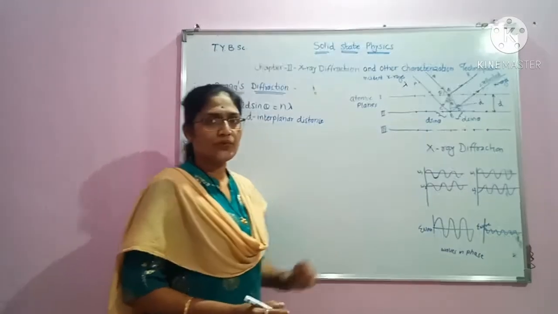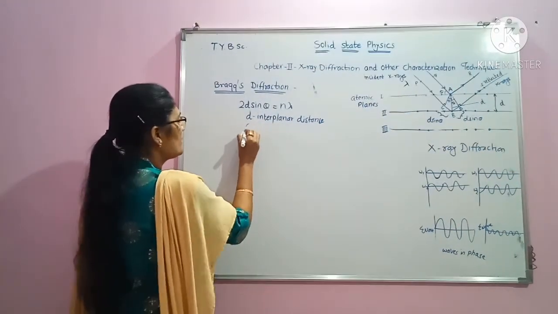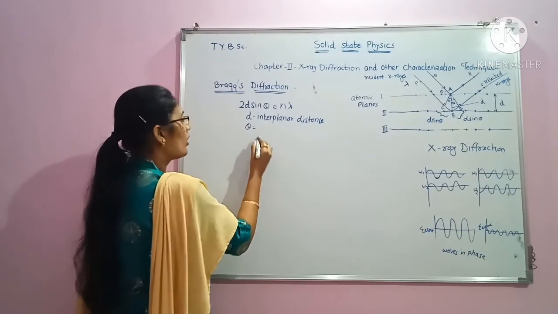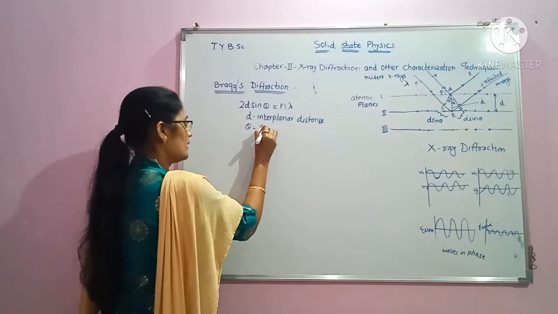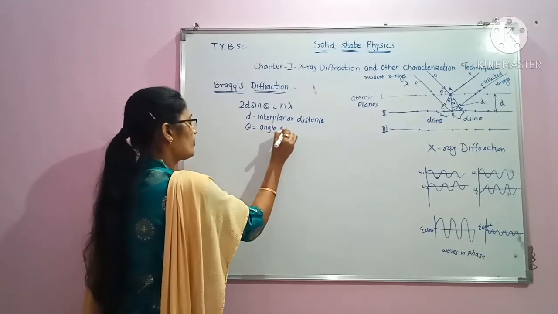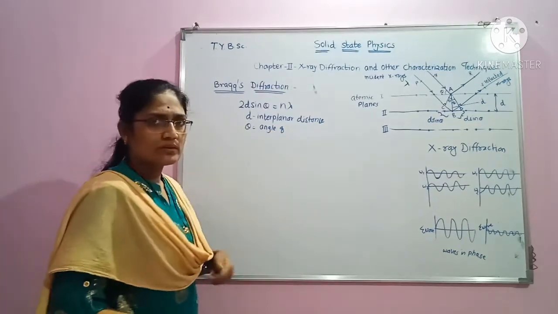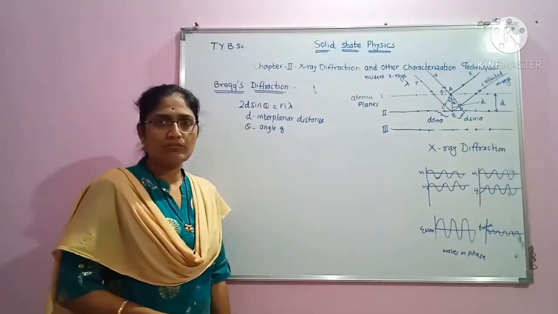It is denoted with small d, and theta is the glancing angle or the angle of incidence, angle of diffraction, because they are following the laws of reflection.